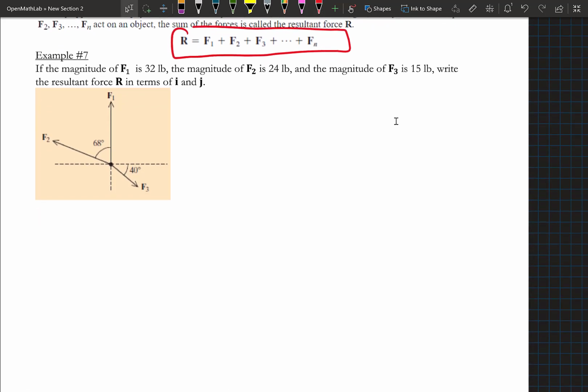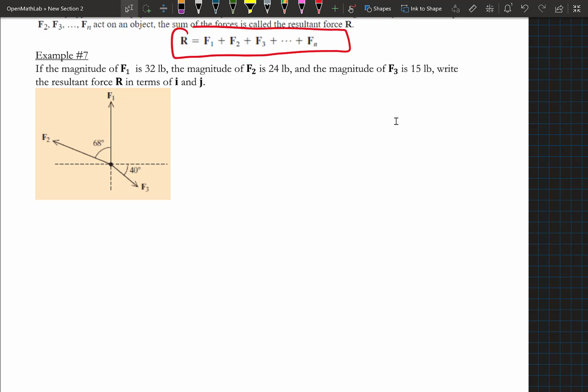With example 7, we have a diagram, and we're told the magnitude of F1 is 32 pounds, the magnitude of F2 is 24 pounds, and the magnitude of F3 is 15 pounds. Write the resultant vector in terms of i and j.